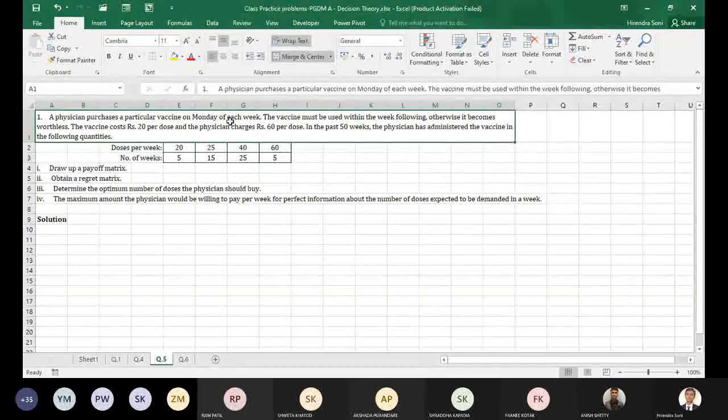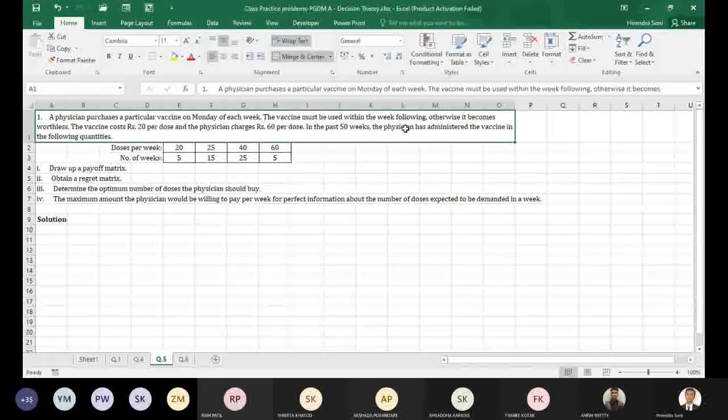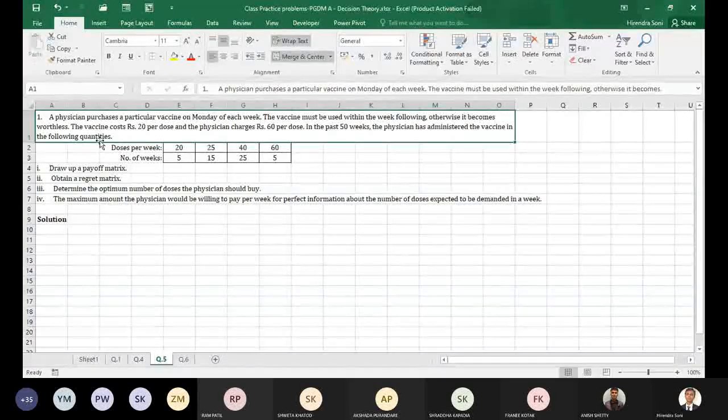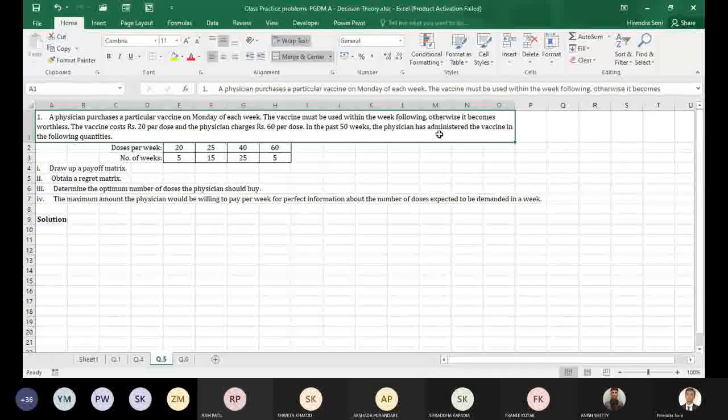A physician purchases a particular vaccine on Monday of each week. The vaccine must be used within the week following, otherwise it becomes worthless. The vaccine costs rupees 20 per dose and the physician charges rupees 60 per dose. In the past 50 weeks, the physician has administered the vaccine in the following quantities.